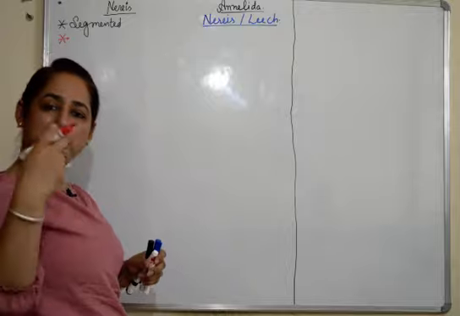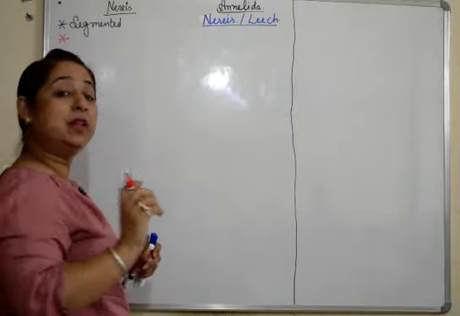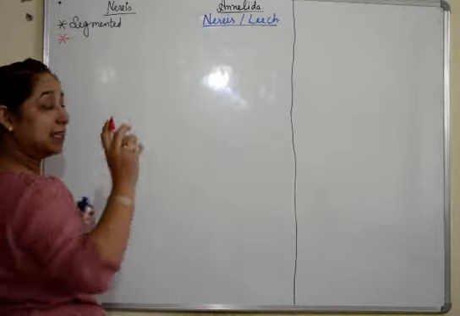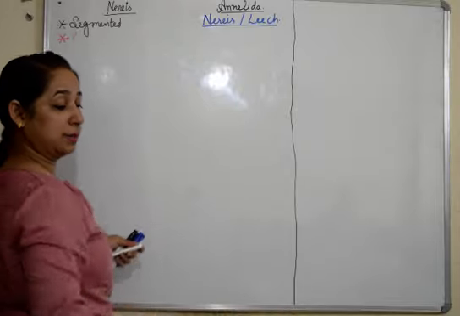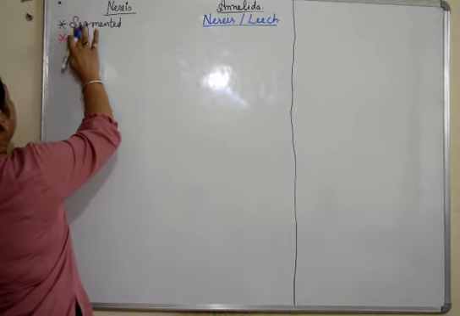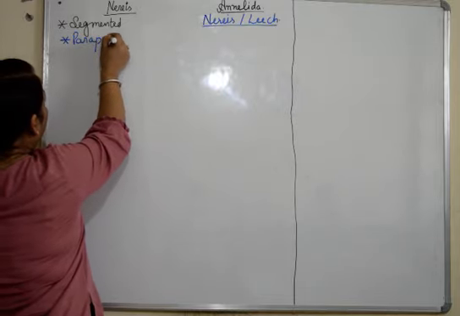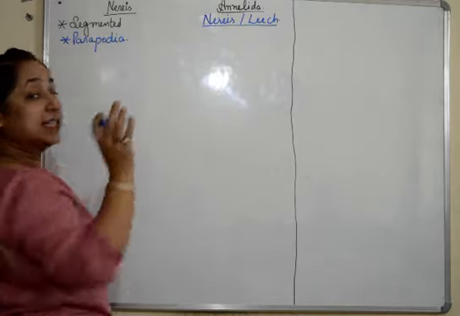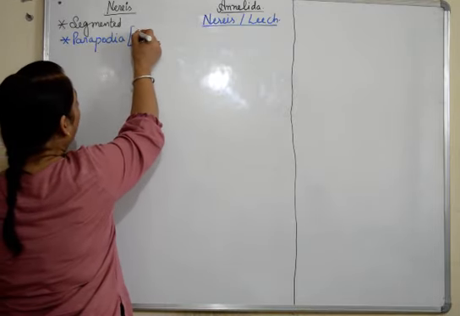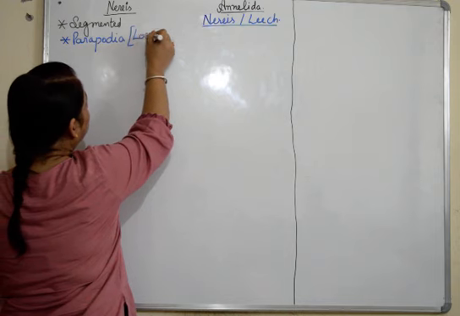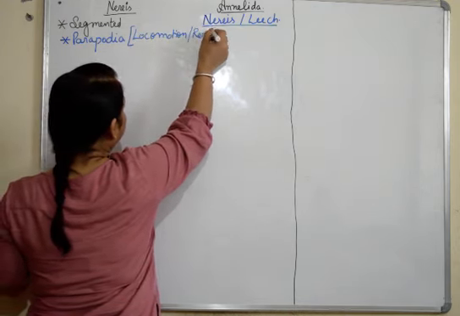In earthworm there were just certain setae for movement, but here you will find that there are structures known as parapodia. Now this is a significant feature of Nereis, and these parapodia are responsible for locomotion and also respiration.